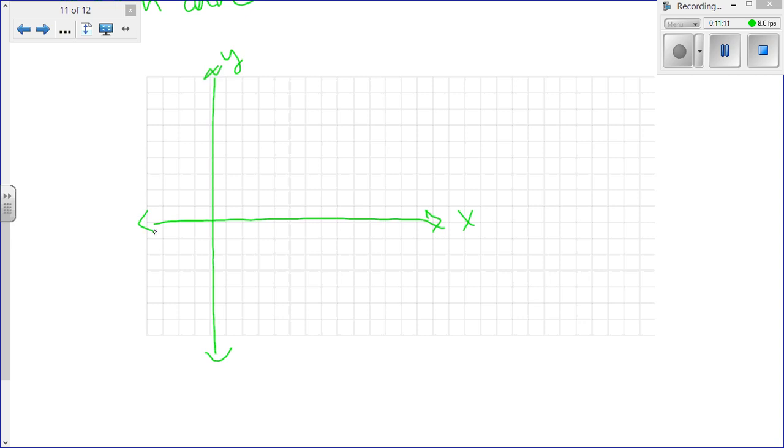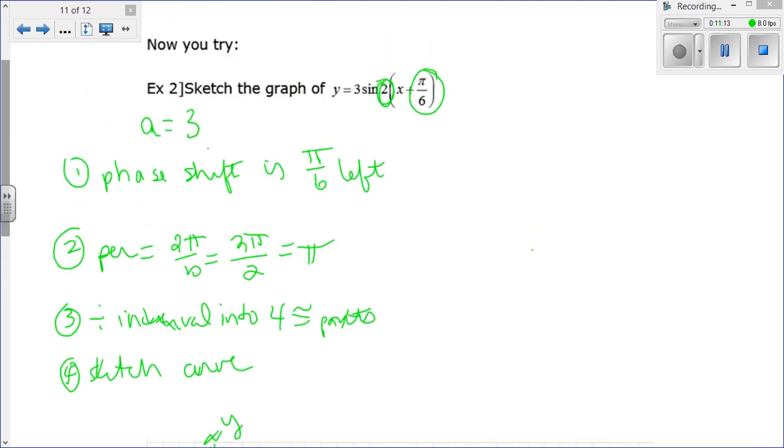So because I'm shifting to the left, I need to locate a point pi over 6 units to the left of, if this is a sine function, my sine function starts at 0, 0.